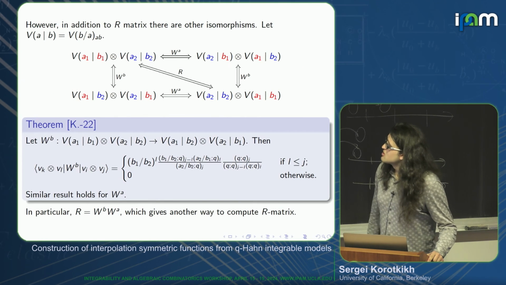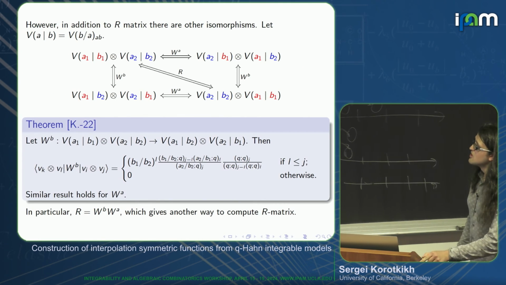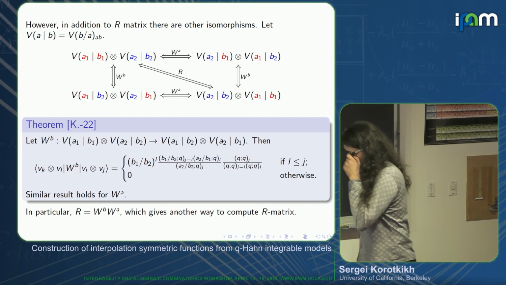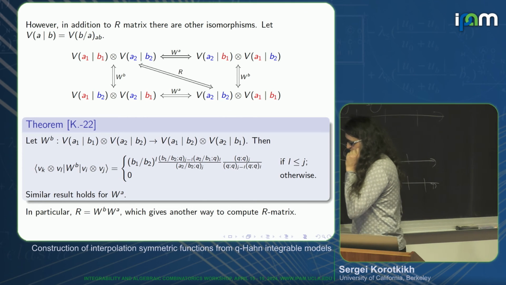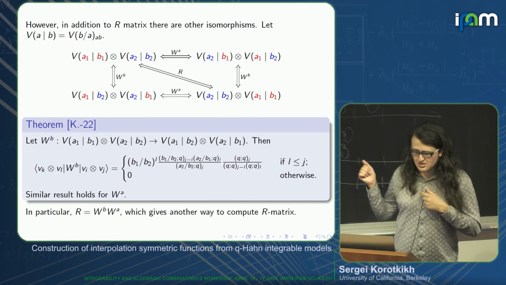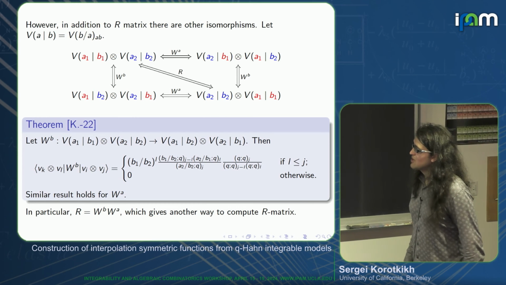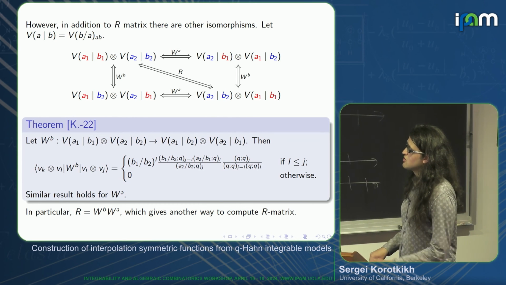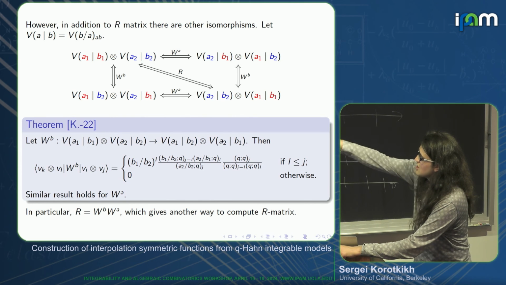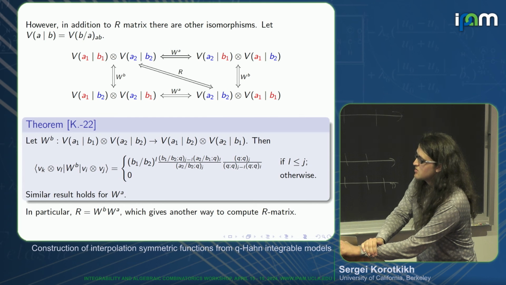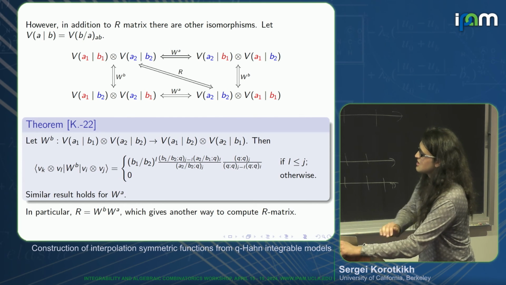So to be somewhat short, the main result which is relevant for my model is the following. If I reparameterize these two degrees of freedom for my representation, namely if I say that my highest weight is the ratio of some numbers b and a, and my spectral parameter or affine parameter is the product of these numbers, then it turns out that I can draw this commutative square of a bunch of isomorphisms between different tensor products of these representations.